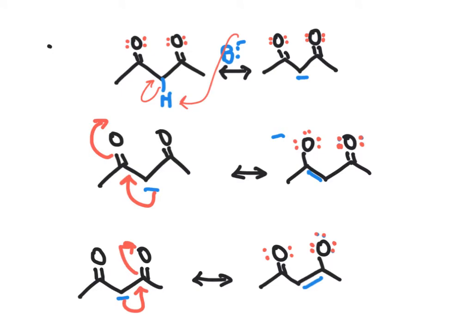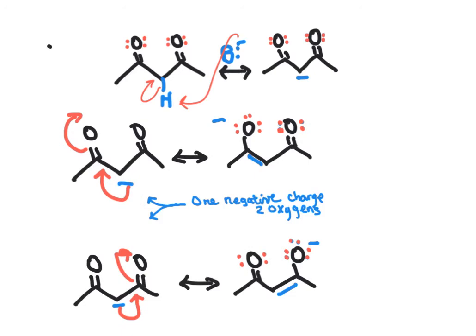The more resonance structures, the greater the stability. After proton abstraction by the base, we have one negative charge that is going to be shared by two oxygens. So we have two different resonance structures.